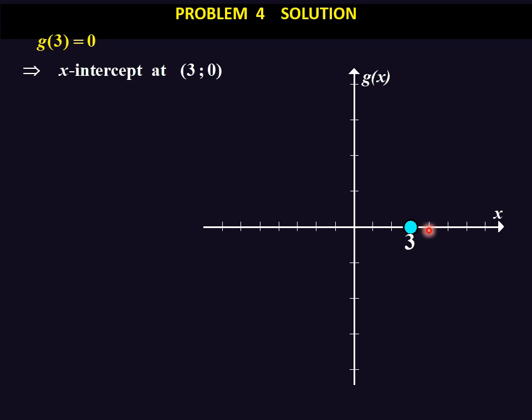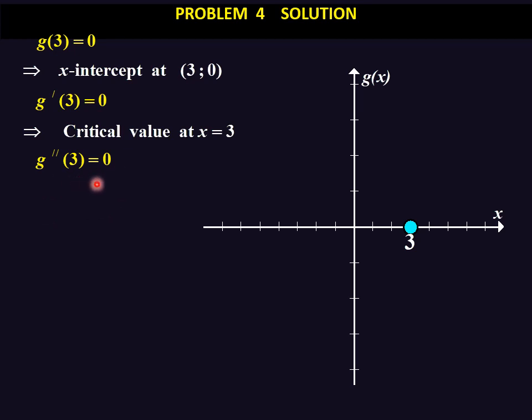Let's look at the other given information. First derivative, substituting 3, equal to 0. So there we have x equal to 3, but the first derivative means that I have a turning point, also a critical value at 3. Then we have the second derivative at 3 equal to 0.